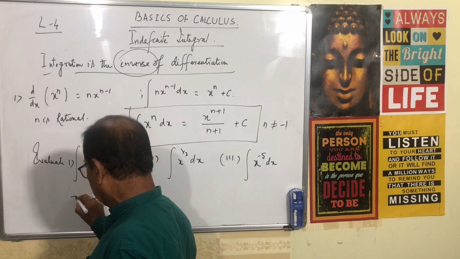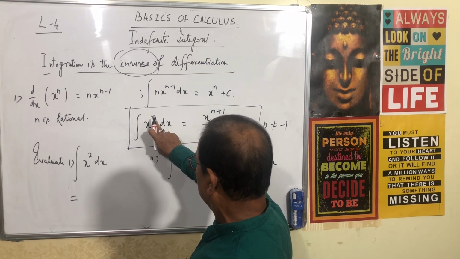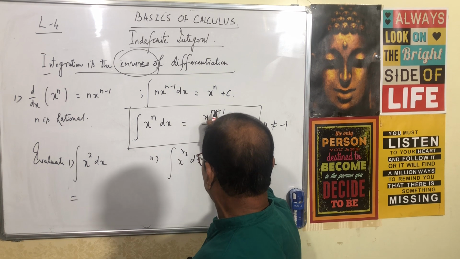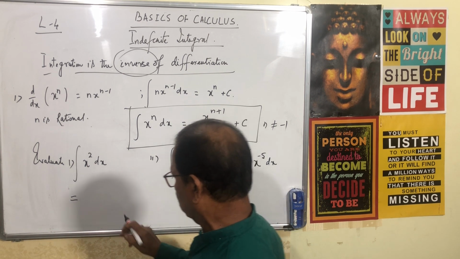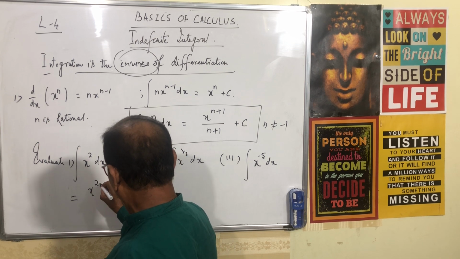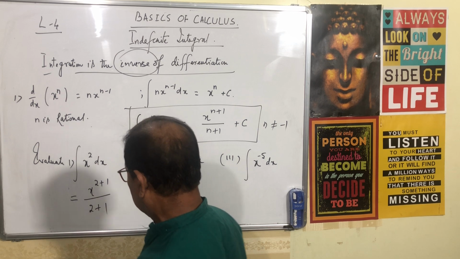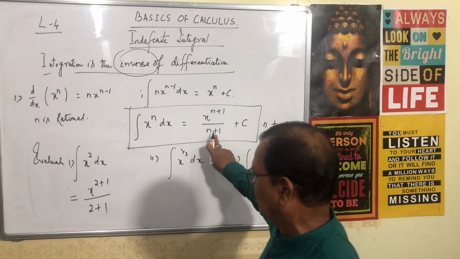How? Write down that the integral of x to the power n dx is x to the power n plus 1 by n plus 1. Here also you write x to the power 2 plus 1 by 2 plus 1, as per this formula.